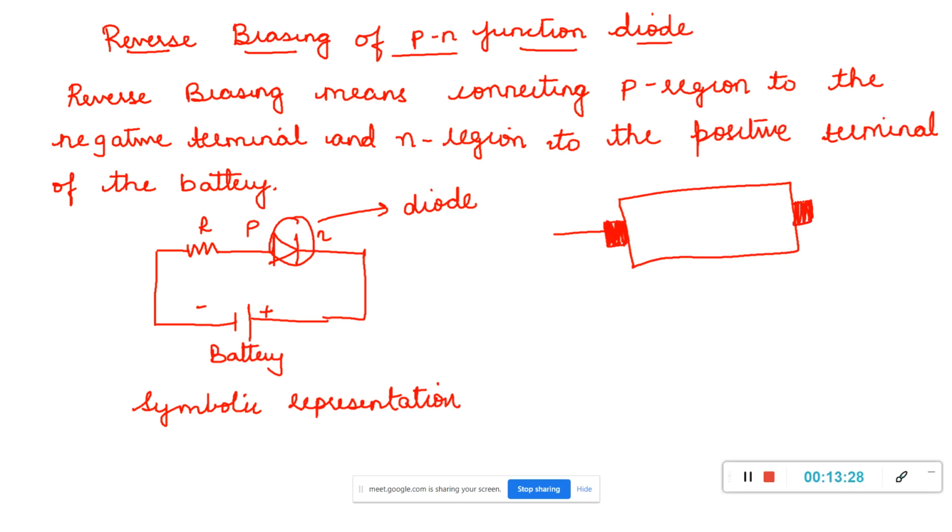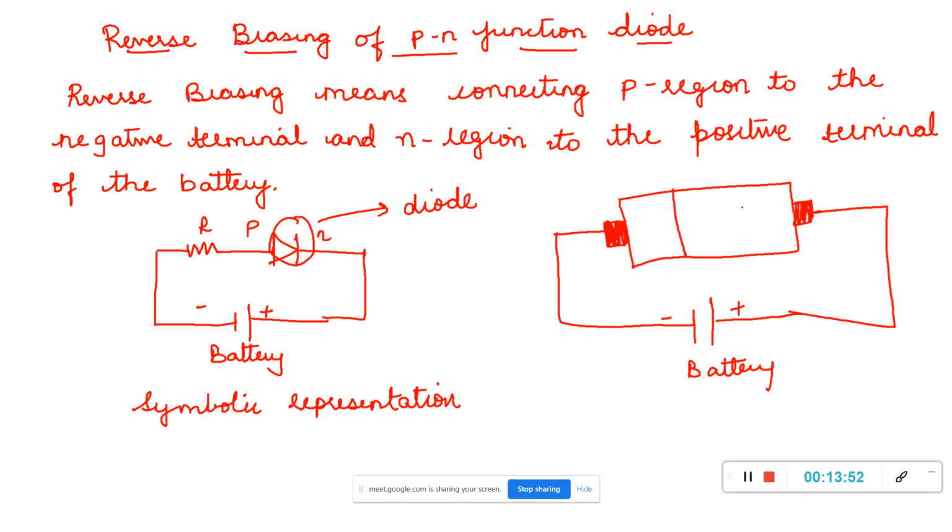So these are the two terminals, ohmic contacts, and next we are showing the flow of electrons and holes. This is the negative, this is the positive, this is a battery which supplies the voltage to the diode.